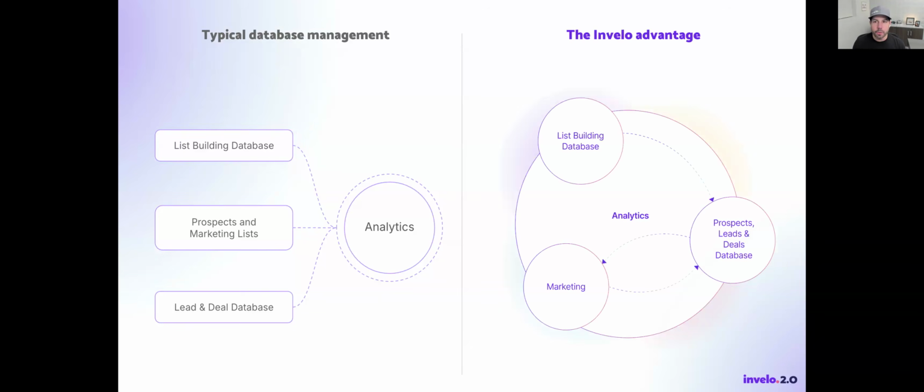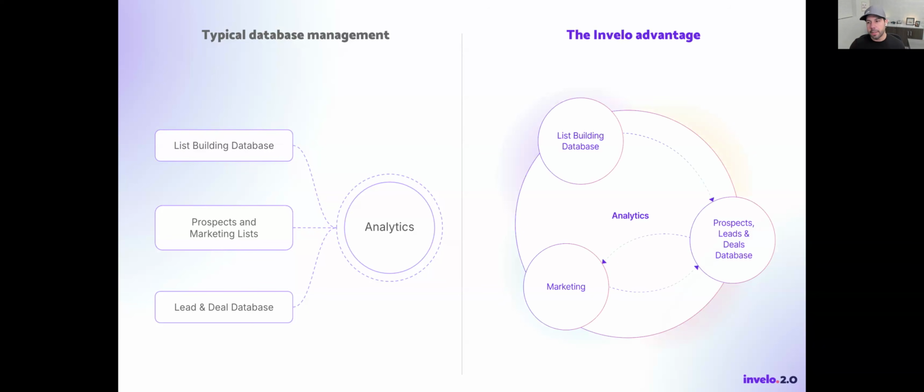But when you have Invelo, everything is all in one. So you just need one phone number and you can understand the whole life journey of every record in the database because everything is always synced. So your list building that you're doing within Invelo feeds into your prospects, leads, and deals database, which then allows you to market out to your prospects.